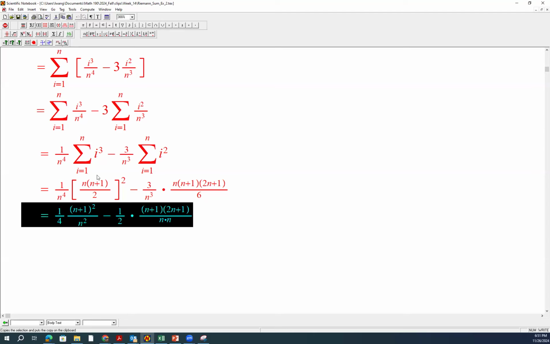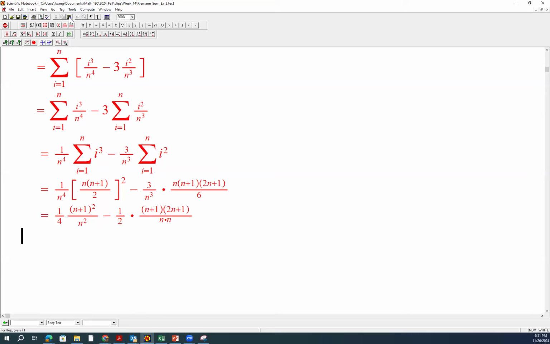Let's do it one more time. This piece, we're going to rewrite it as 1 plus 1 over n squared. I think you got it. You can get it.